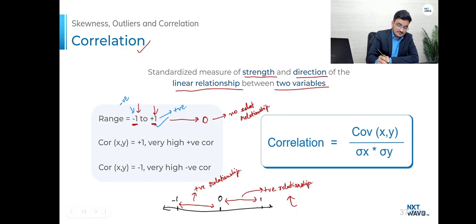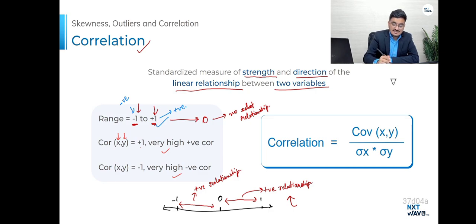So as we've discussed, if the correlation between x and y is equal to +1, then we can say they are having very high positive correlation. And if it is -1, we can say they are having very high negative correlation. So the formula of calculating correlations is covariance between the two features divided by sigma x into sigma y.